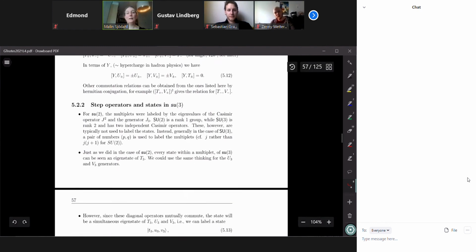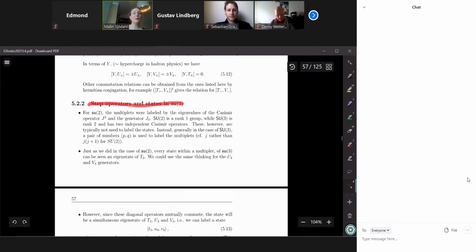Okay, now to the step operators in SU3. For SU2, we had that the multiplets were labeled according to the eigenvalue of the Casimir operator J squared, not being in the algebra, and the generator J3. So we cannot find any other element in the algebra commuting with J3.